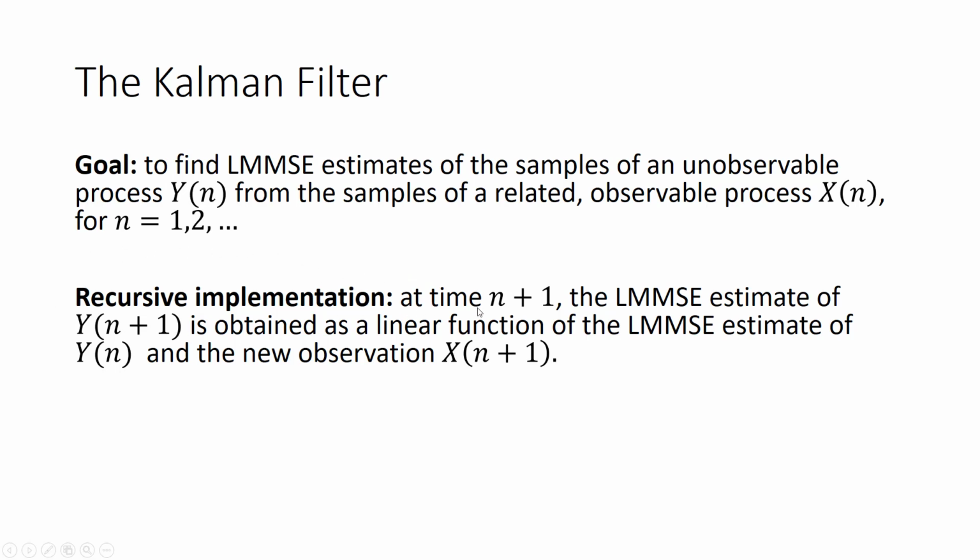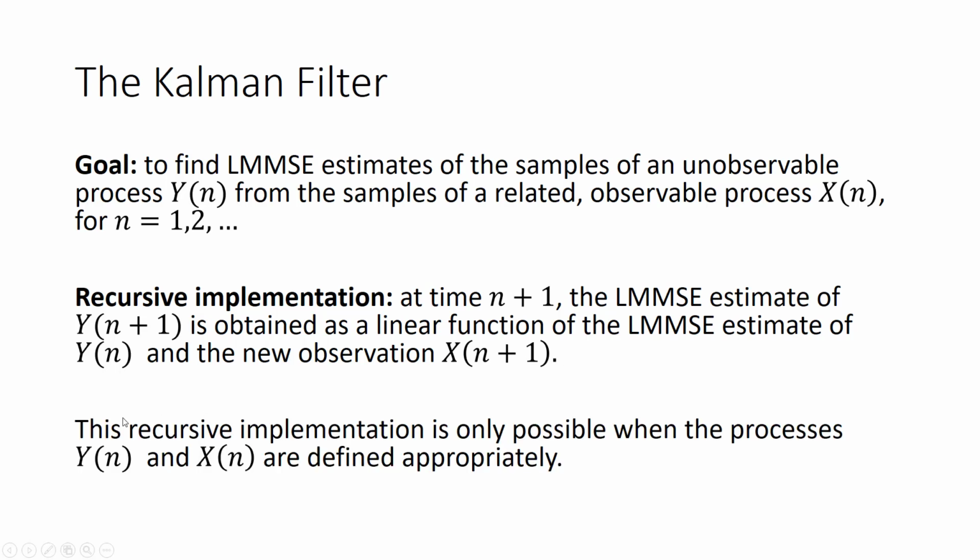This means that at any given time, say time n plus 1, our LMMSE estimate of the process y at that time is going to be obtained as simply a linear function of the LMMSE estimate of y at the previous time, in this case y of n, and the newly obtained observation of x of n plus 1.